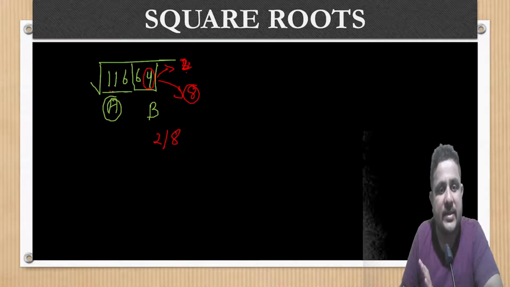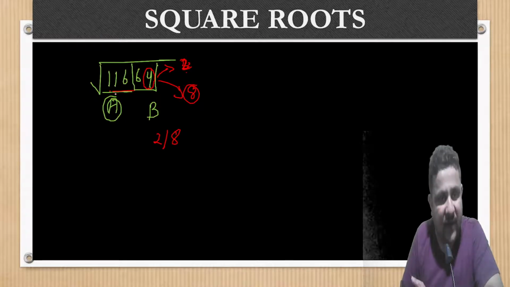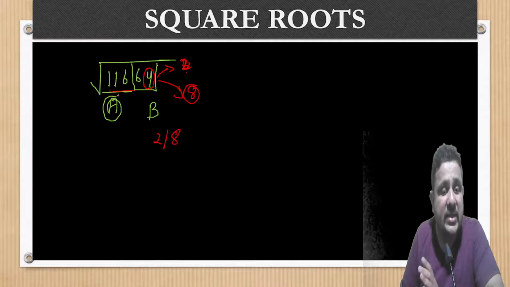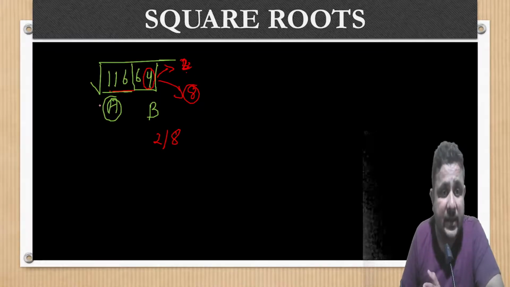Now 116. 116 is not a perfect square, so just go less. Which is the perfect square less than 116? That will be 100.